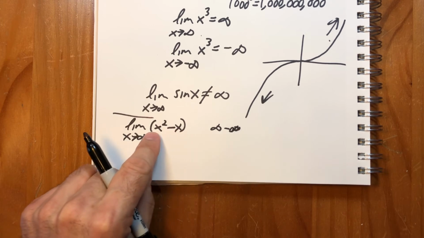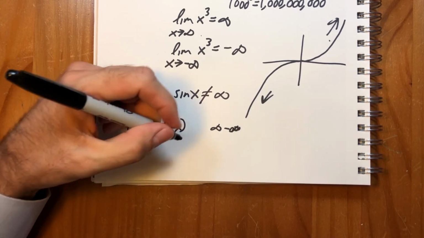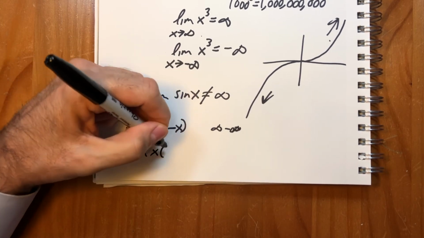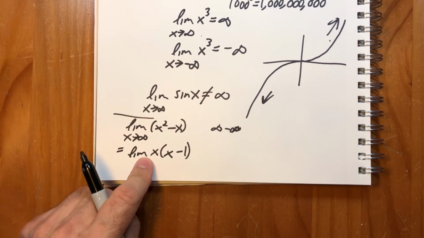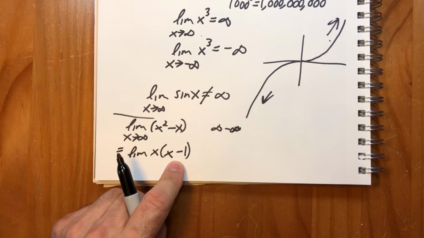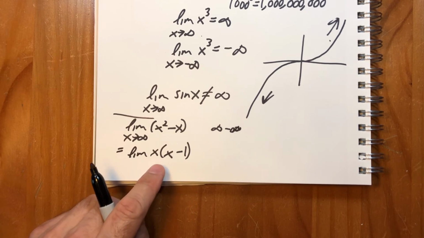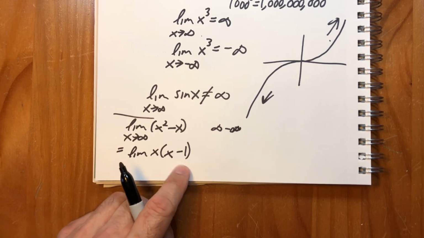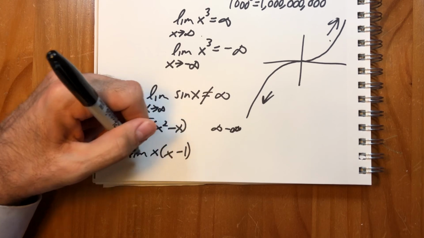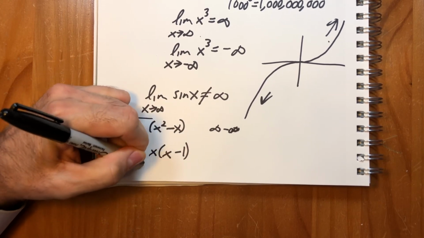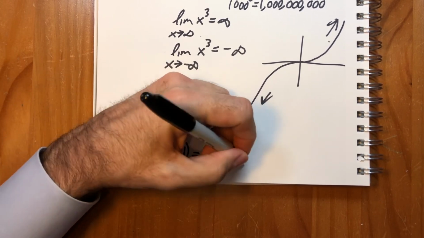But here we can do a little algebraic manipulation once again. Factor out the x. We have x times x minus 1. Now this goes to infinity and this goes to infinity, and if both x and x minus 1 become arbitrarily large, then their product also has to become arbitrarily large. So the limit of this has to equal infinity.